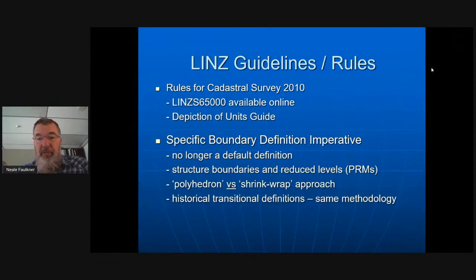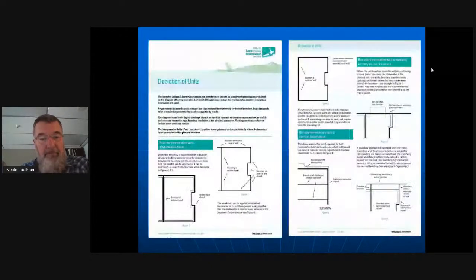Historical transitional definitions, basically if you're dealing with a stage unit development that was still ongoing, that started before the new Act and is now getting completed in the current Act, there are some transitional provisions under the Act that say that you're allowed to use the same methodology as was adopted earlier. In other words, you don't have to adopt the new boundary definition methodology prescribed for a brand new development, and that's Lynn's ruling, blah, blah, blah, if you want to have a look at that.